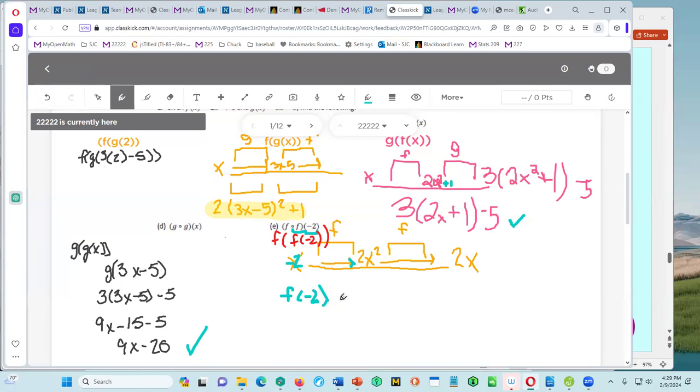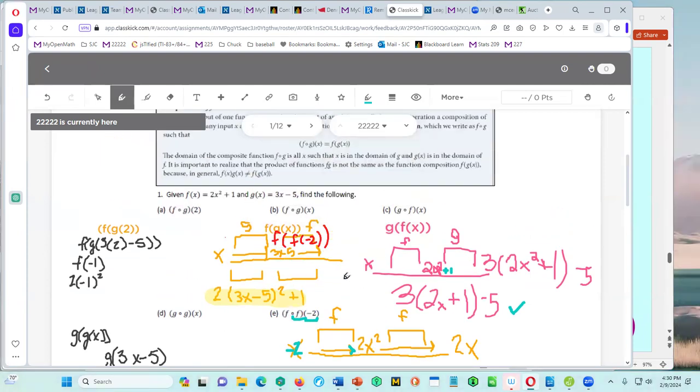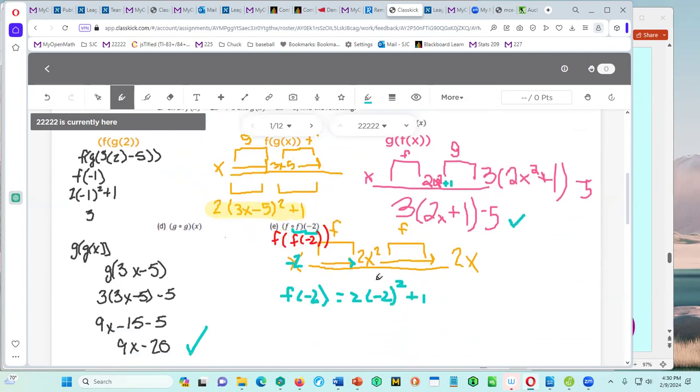Would it be -4x² plus 1? Well, let's see. What we've done is take -2 and throw it right in there for x, right, Hannah? So -2 goes in there. And so that's why it's 2 times the square of -2 plus 1. That makes sense?